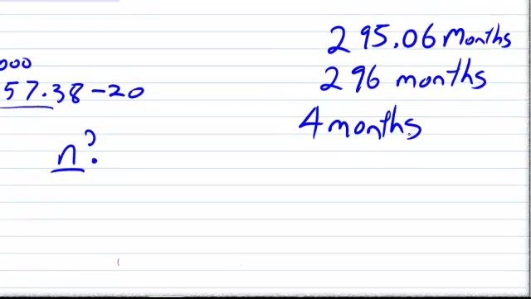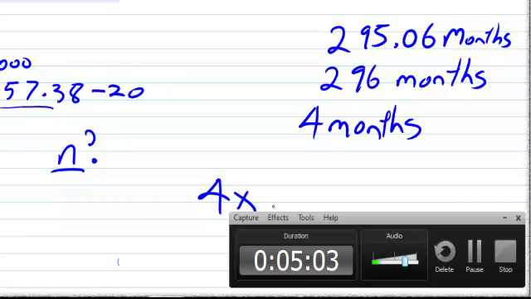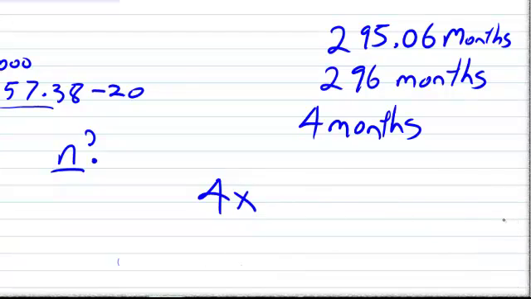The last part of the question says, how much money is this? Well, if you've saved 4 months, and each month you're paying, we'll go back to the original one, $2,657.38, if you work that out, you'll find that you actually save quite a chunk of money.